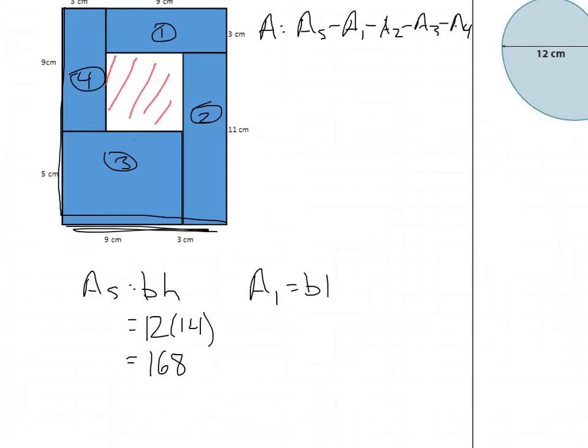Base times height is 3 times 9. That's 27. Area 2, also a rectangle, that is clearly labeled, is base times height, and the base is 3, the height is 11. It's going to give me 33.